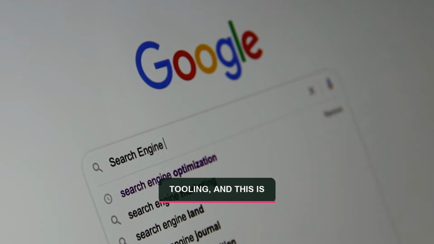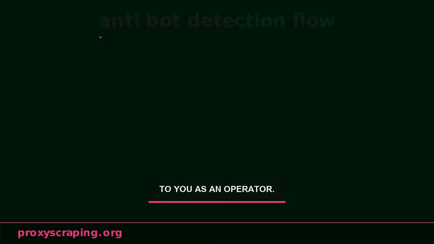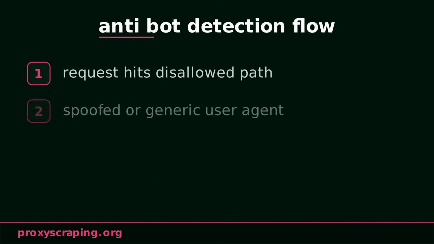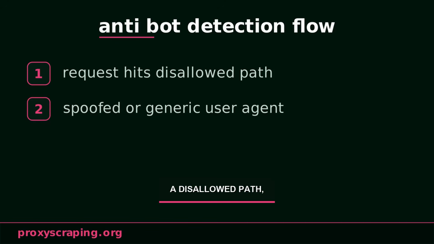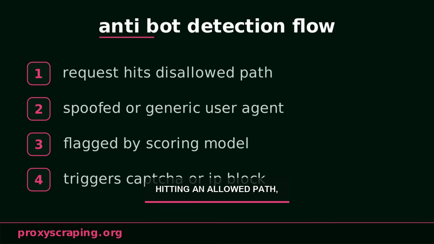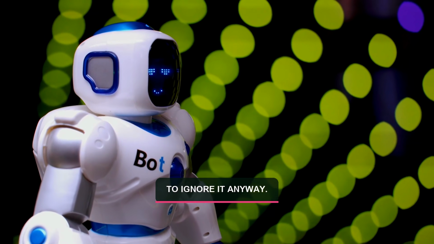The other reader is the site's own anti-abuse tooling, and this is the one that actually matters to you as an operator. Plenty of sites cross-reference their request logs against their own robots.txt file. So picture a request hitting a disallowed path carrying a generic or obviously spoofed user agent string. From the site's detection system's point of view, that's a much stronger signal than the exact same request hitting an allowed path, because it shows the requester either never checked the file or checked it and decided to ignore it anyway.